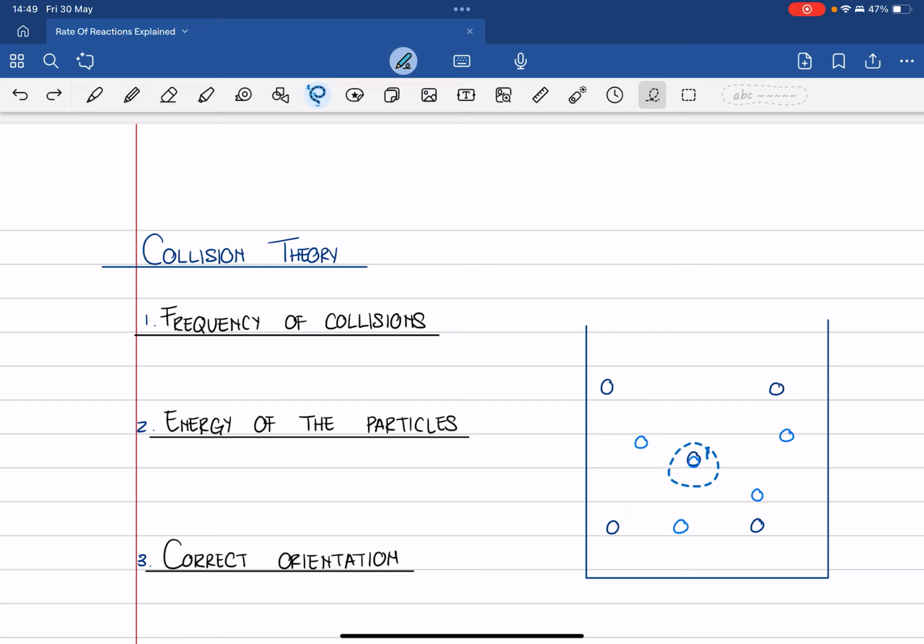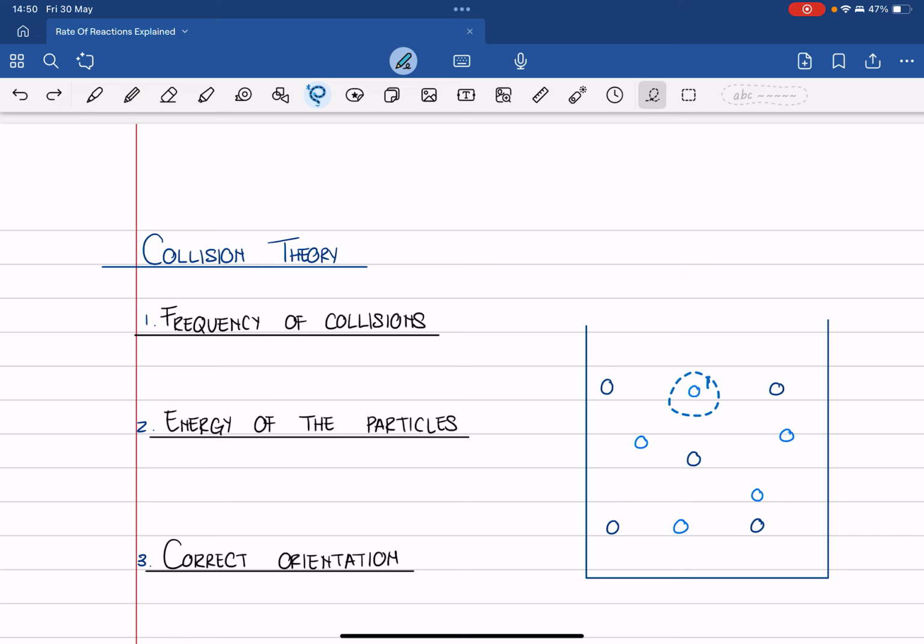So this particle will collide with that particle or that particle, or whatever, but these particles are busy moving around and they collide. And as a result of those collisions, therefore, we have a reaction happening. So the collision theory helps us to figure out how we can improve those collisions, because the more collisions we have, the more effective collisions we have, therefore, the higher the rate of reaction.